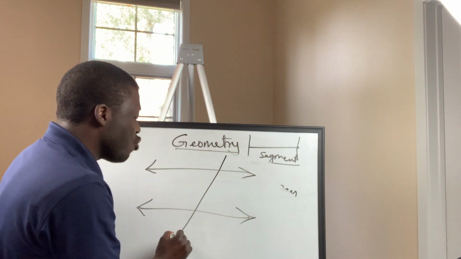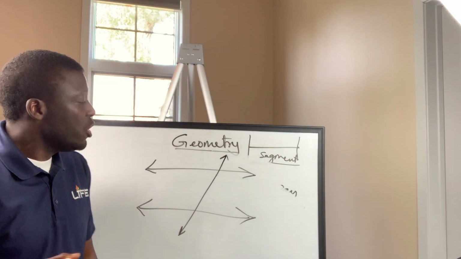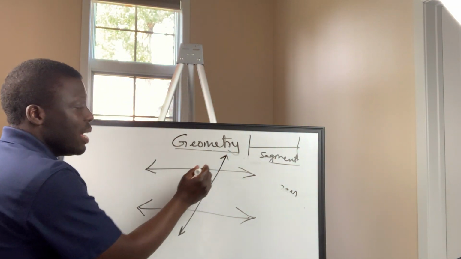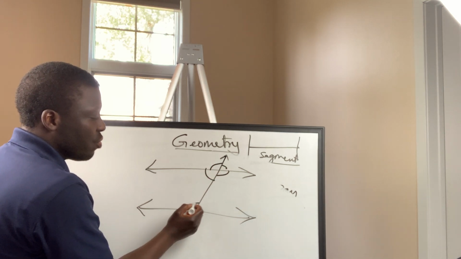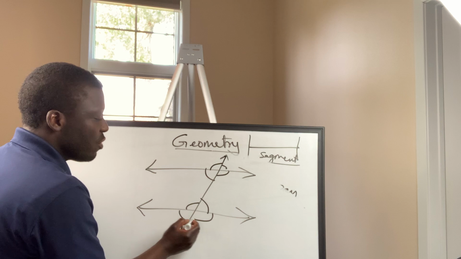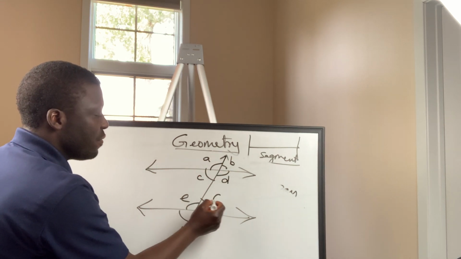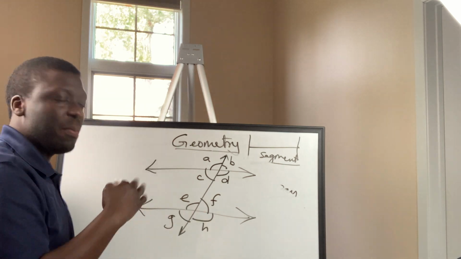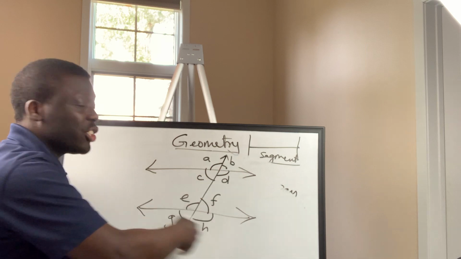But if you draw a transversal, it cuts across like that. That's called a transversal. The moment you draw a transversal, we have all these angles. And we have A, B, C, D, E, F, G, and H, if I label them with those letters. That means these angles have relationships to one another.